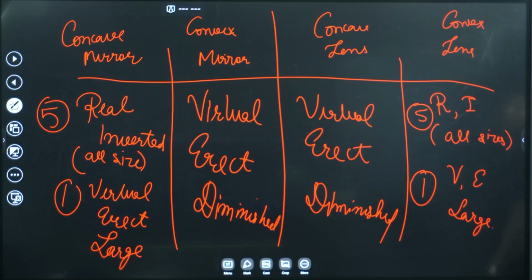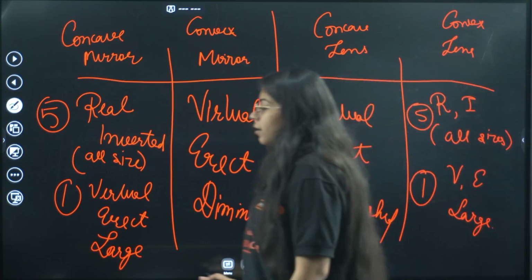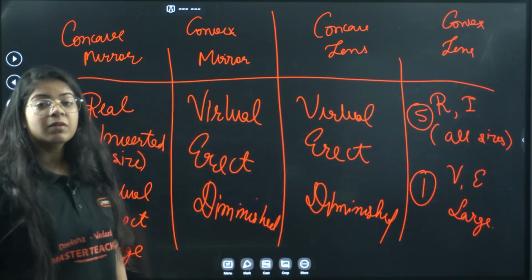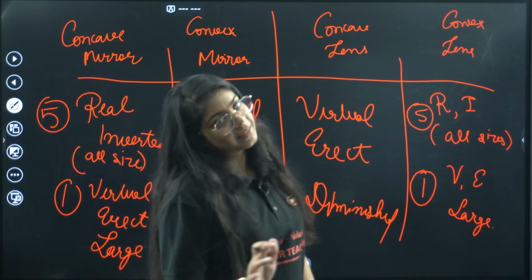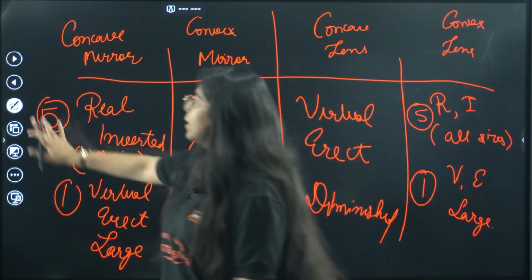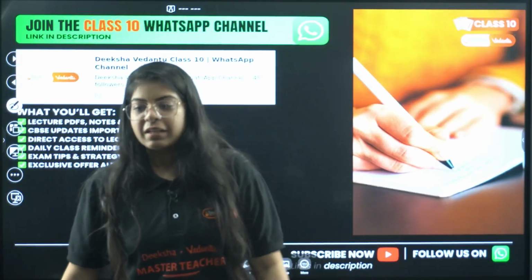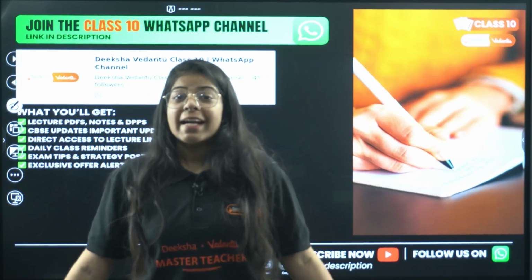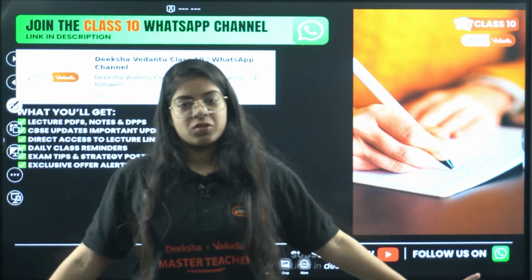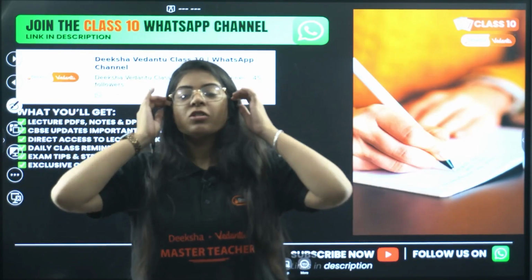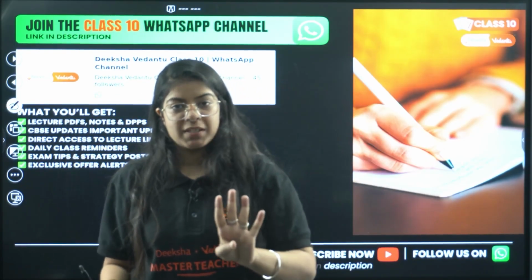All kinds of the nature of images and the size of image that can be formed by each mirror and each lens is depicted in this slide. And that's it. We have done all the ray diagrams. You just follow those 4 simple steps.